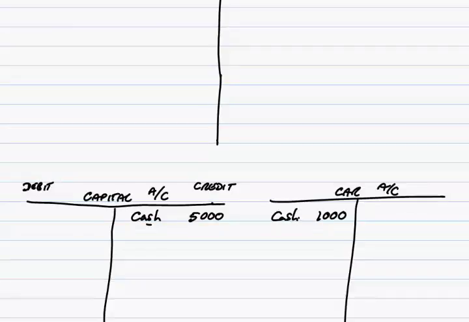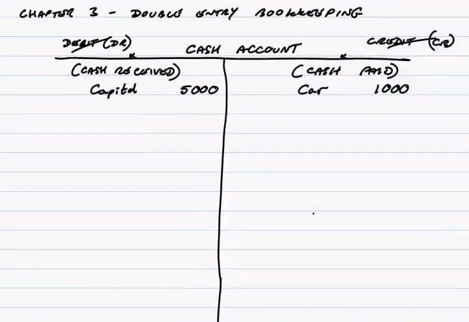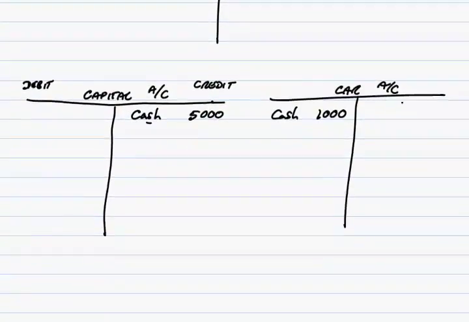C. Buy goods for resale for 500 cash. Well, we've paid cash, so credit cash 500, we've less cash. We need to record the fact we've bought goods. Now be careful here, it can be a bit confusing. Before, when we had goods, we said we had inventory.